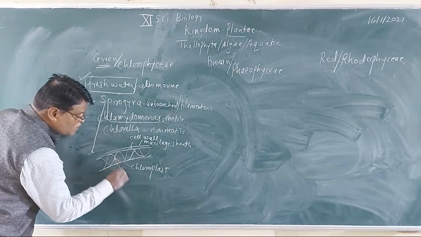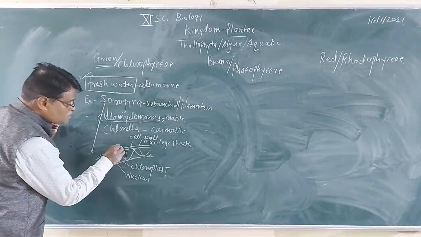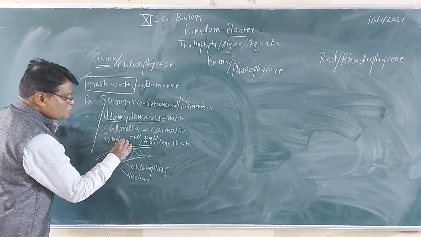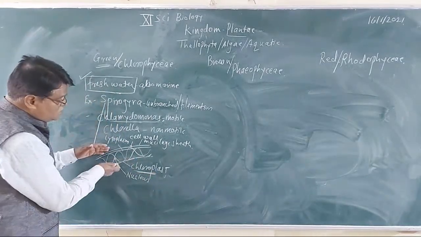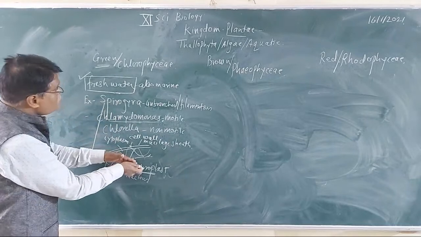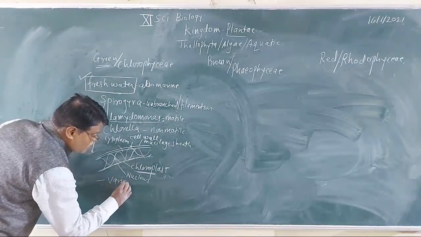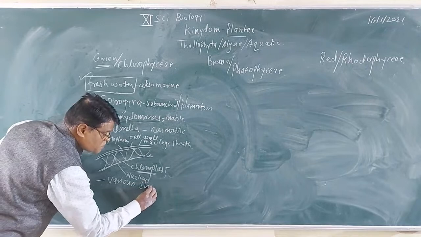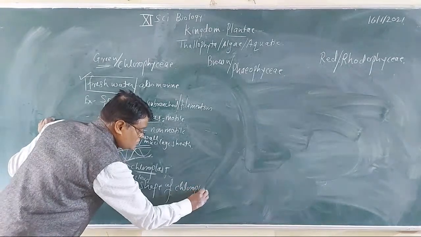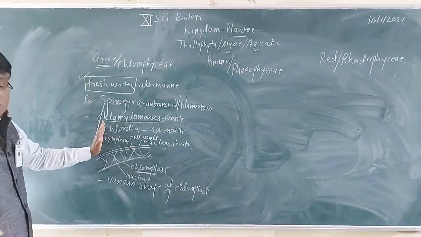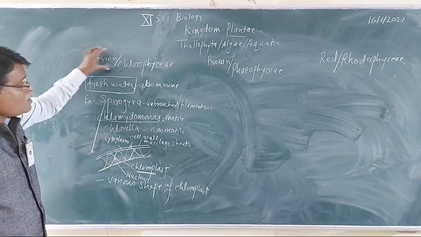Then no doubt there are the nucleus and pyrenoids, then the cytoplasm is seen. In Spirogyra the green pigment chloroplast is of variable or various shape. These are the basic characteristics of chlorophyceae.